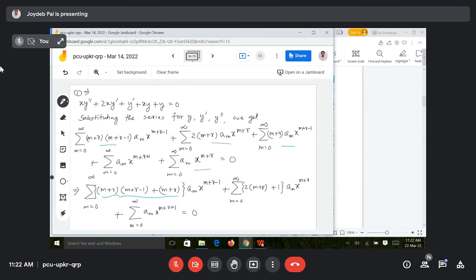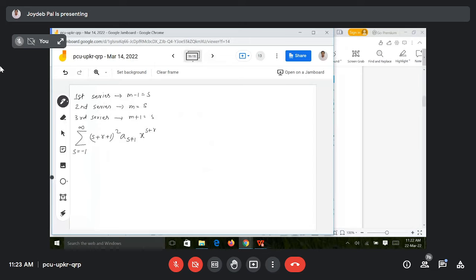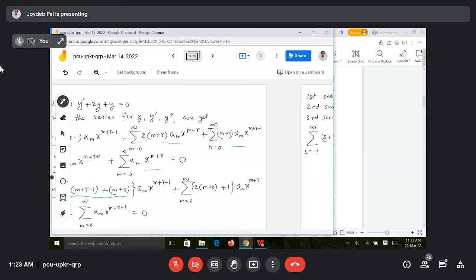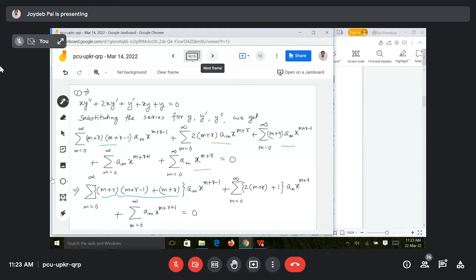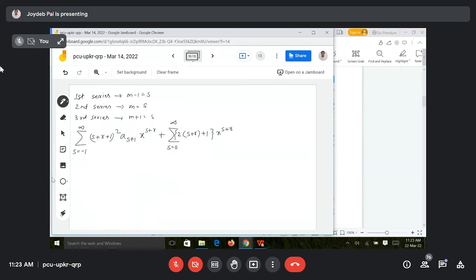And the second, s from 0 to infinity, it will be s plus r plus 1, sorry, I missed a_s, x to the power s plus r.